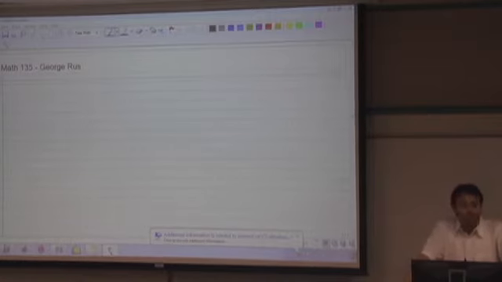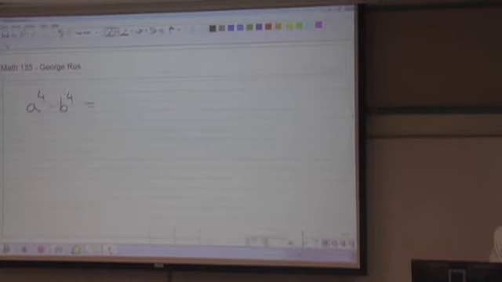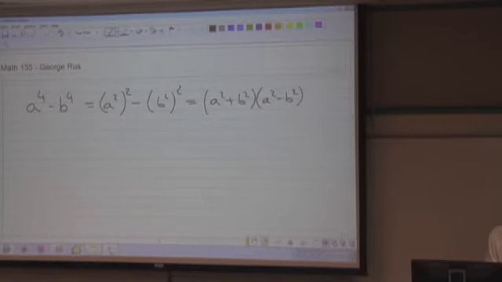Yes? I didn't know how to factor number 20. Number 20? Yeah, the bottom. Difference of squares. A to the fourth minus b to the fourth is the same thing as a squared quantity squared minus b squared quantity squared. Right? And so you can write it as a squared plus b squared times a squared minus b squared.